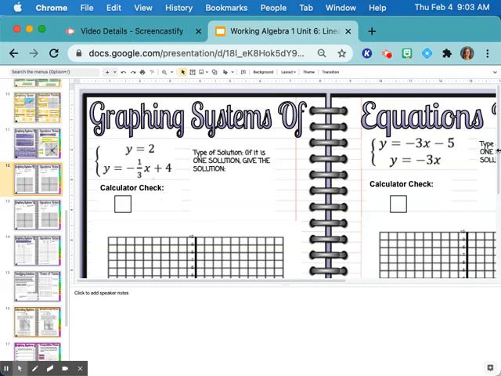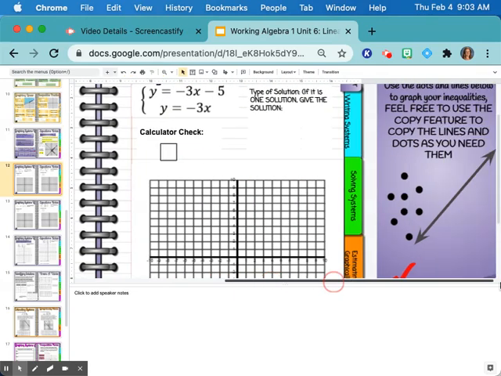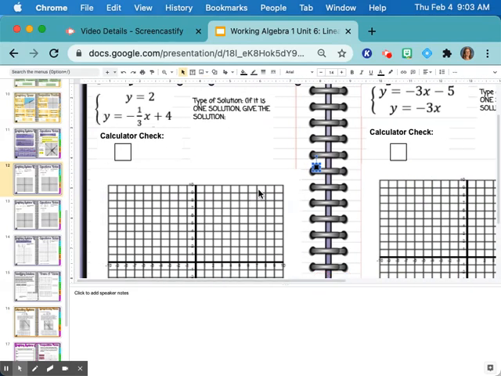So y equals 2. What kind of line is that? Horizontal. Okay, let's see. Do we have some points over here? Yeah. I'm going to grab this point, drag it over at +2. And it's a horizontal line.